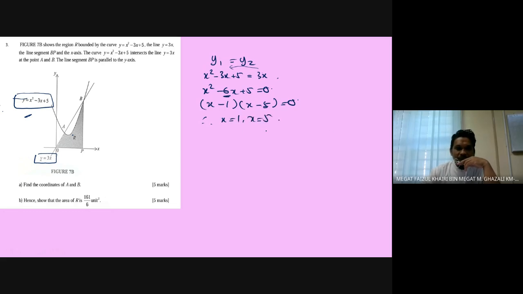So for the coordinates of A and B, we need to find the value of y. When x equal to 1, using the simplest one, y equal to 3x, y equal to 3 times 1 equal to 3. So the coordinate of A is 1 and 3.